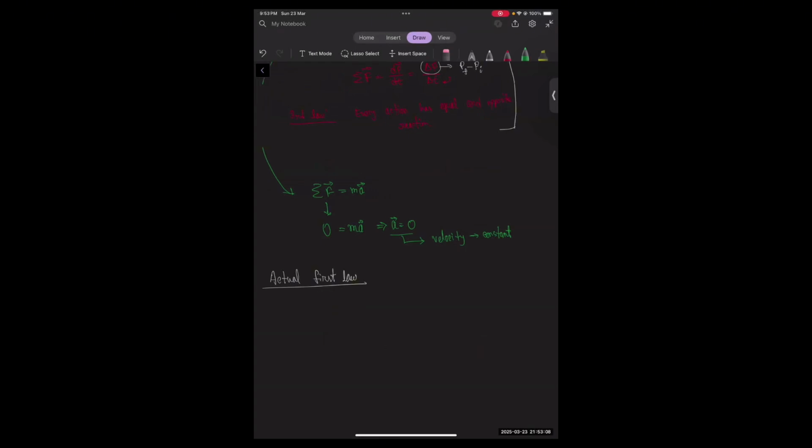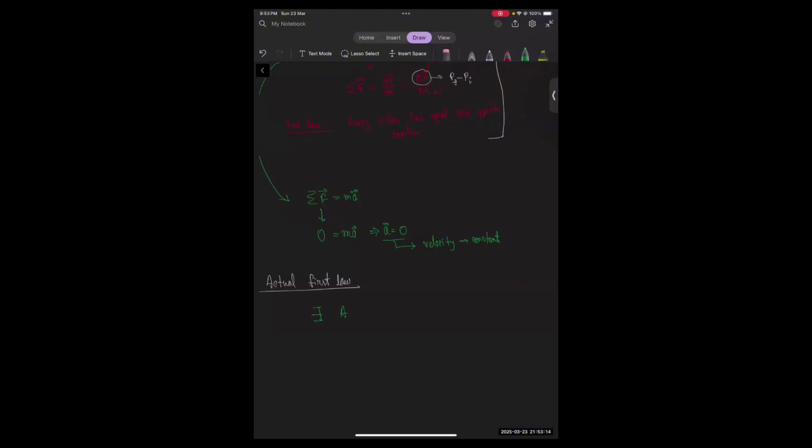It tells you that there exists a reference frame where, if the sum of all forces is 0, then a is equal to 0, or equivalently, v is equal to constant.